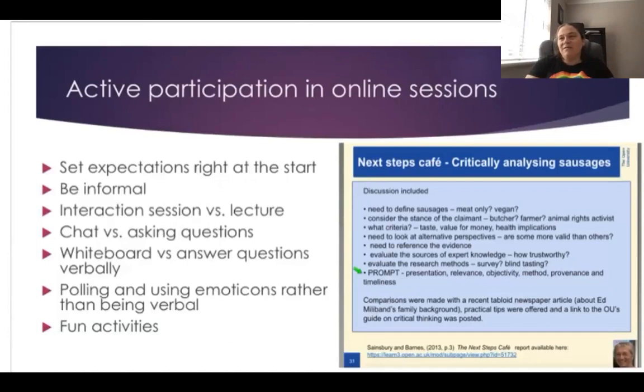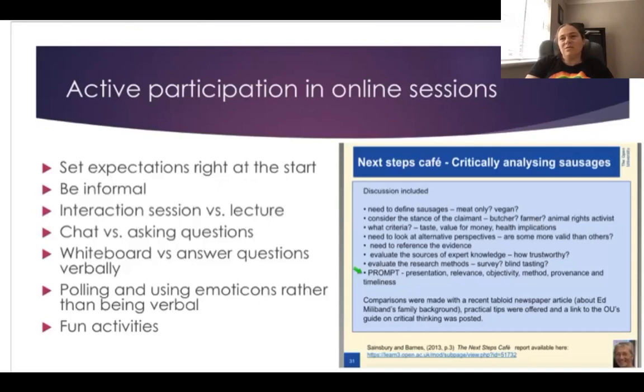Something that I've pinched from one of my colleagues at the Open University is, when you want to explain skills like critical evaluation, try to use something silly such as critically analyzing a sausage, where you can really define the different points of critical evaluation using prompts.